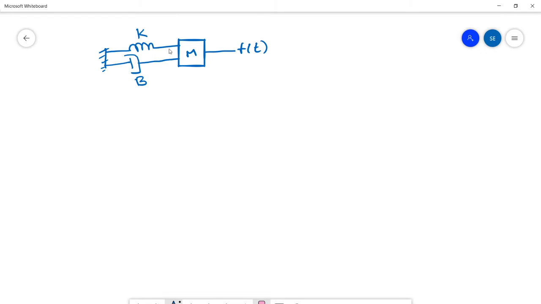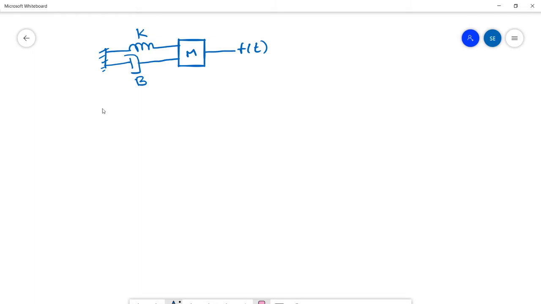So now I want to represent this system in terms of electrical system, right? So what is the differential equation we obtained for this system? In the previous class or two classes before, I think in the third class of our control system lectures, we discussed how to obtain a mathematical model for this system.